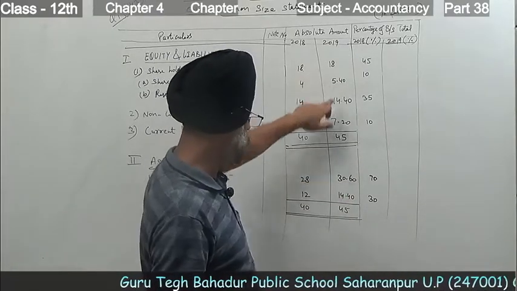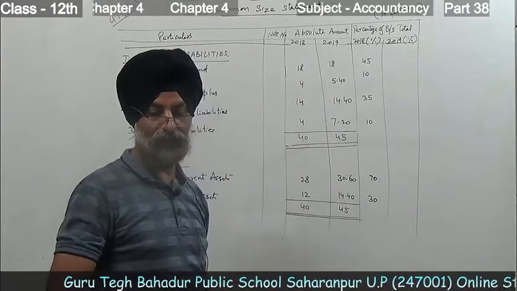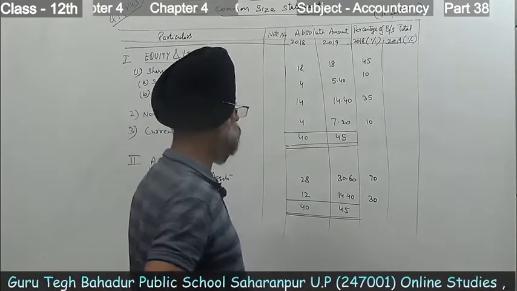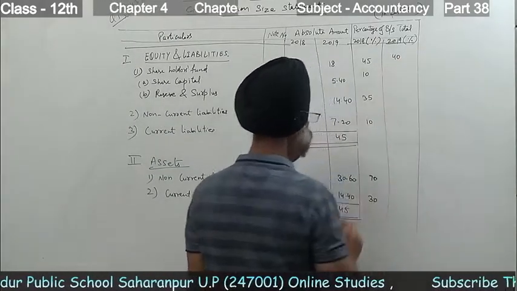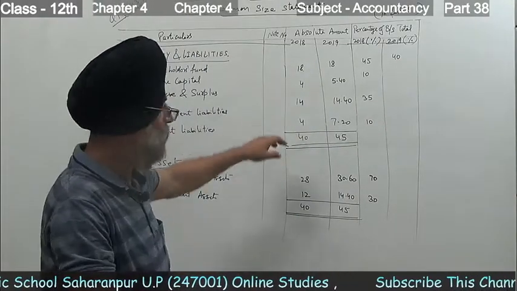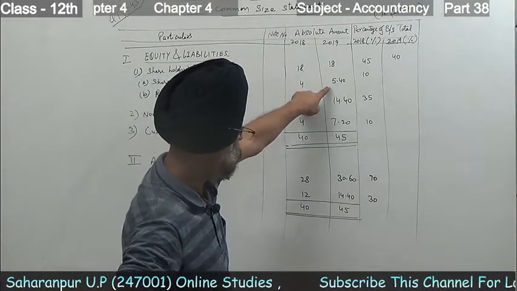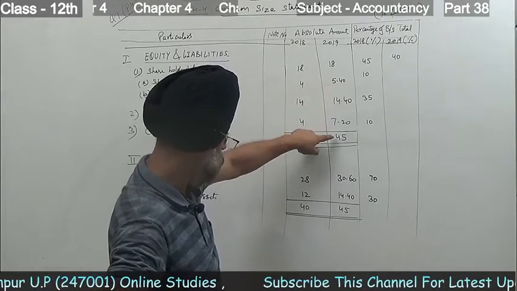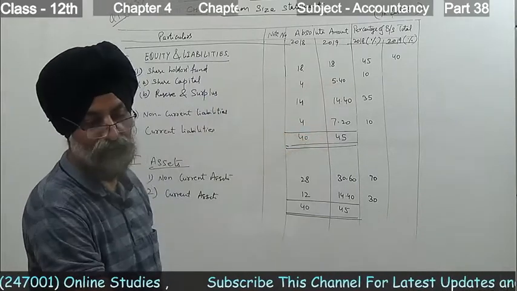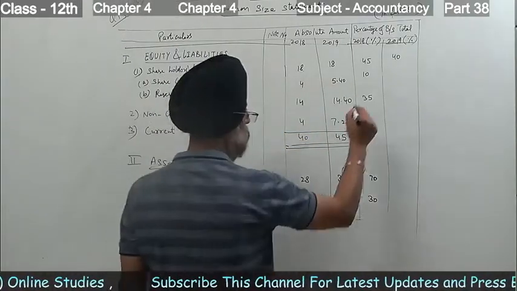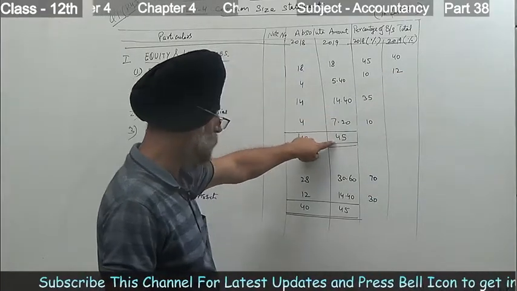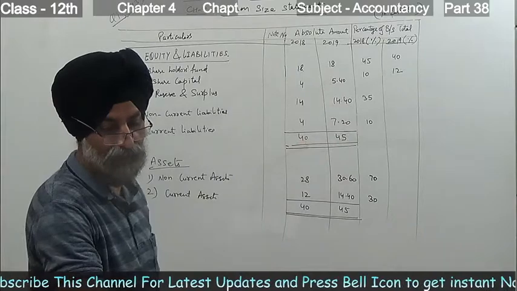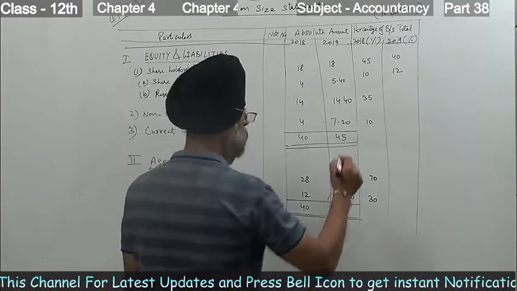So 18 by 45 into 100, then we'll get 40%. Then in the same way, 5 lakh 40,000 by 45 lakh into 100, then we'll get 12%.